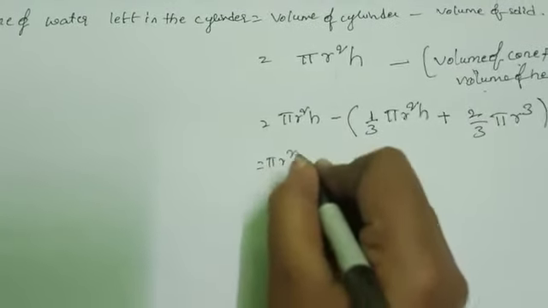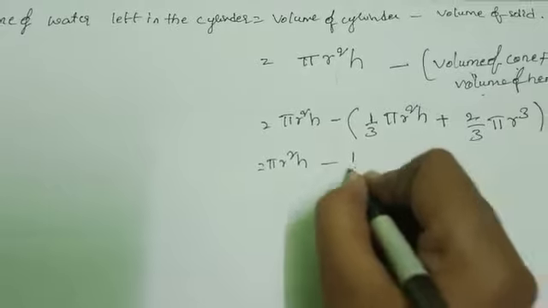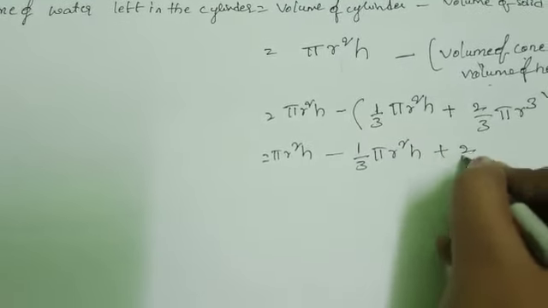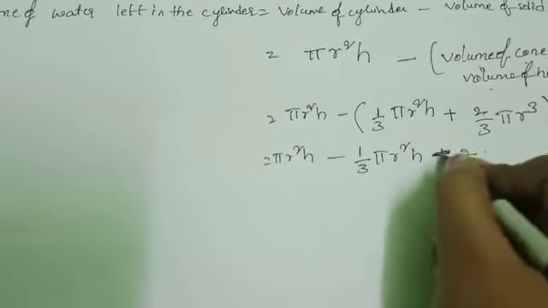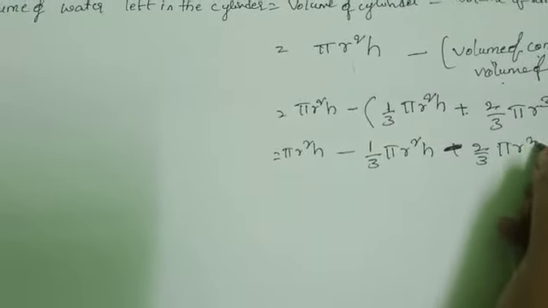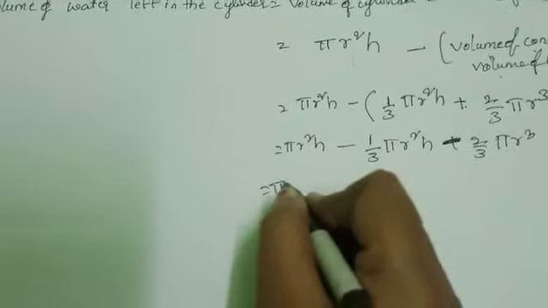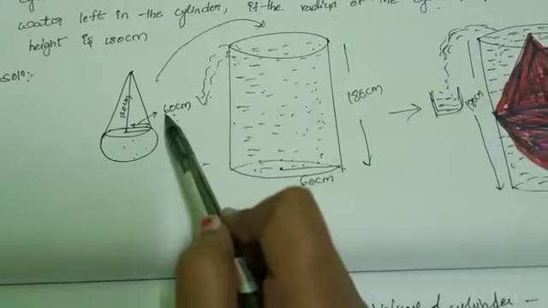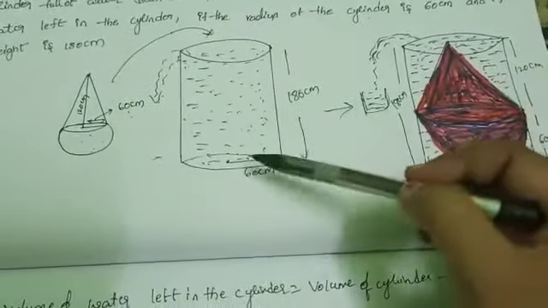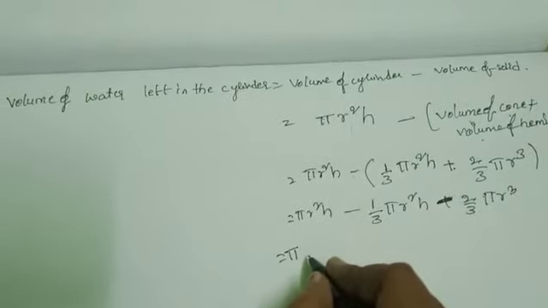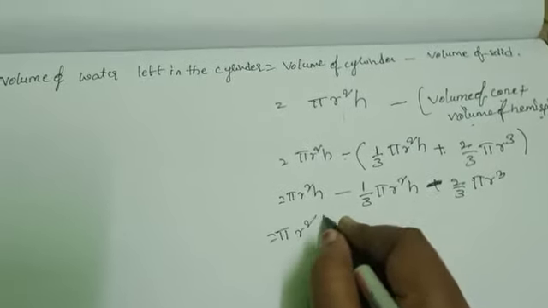Pi r square h minus, 1 by 3 pi r square h plus 2 by 3 pi r cube. Here pi is common. Radius of the cone is 60 centimeter and radius of the hemisphere is 60 centimeter and radius of the cylinder is 60 centimeters. R is same. So r square is common.